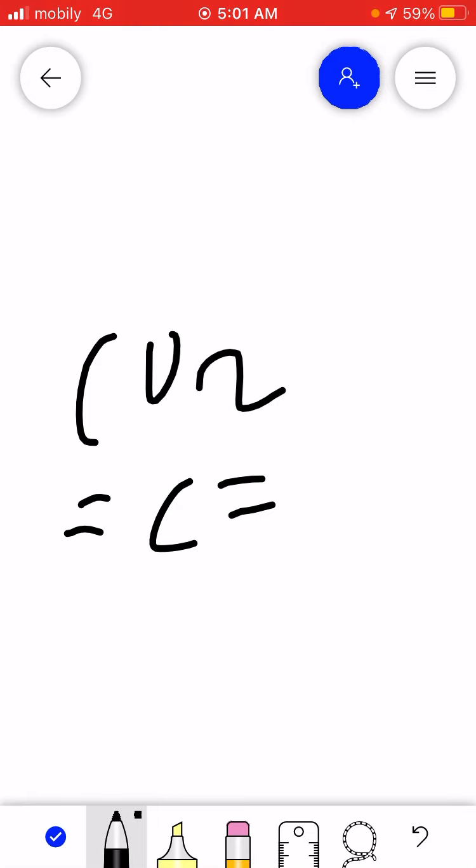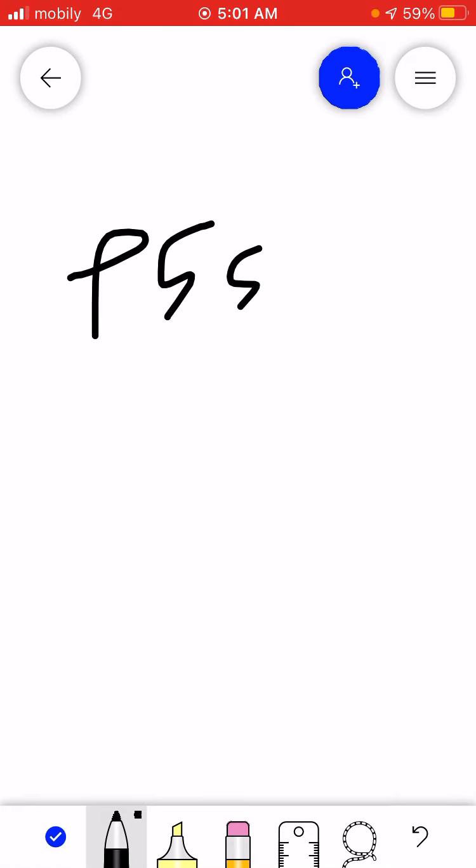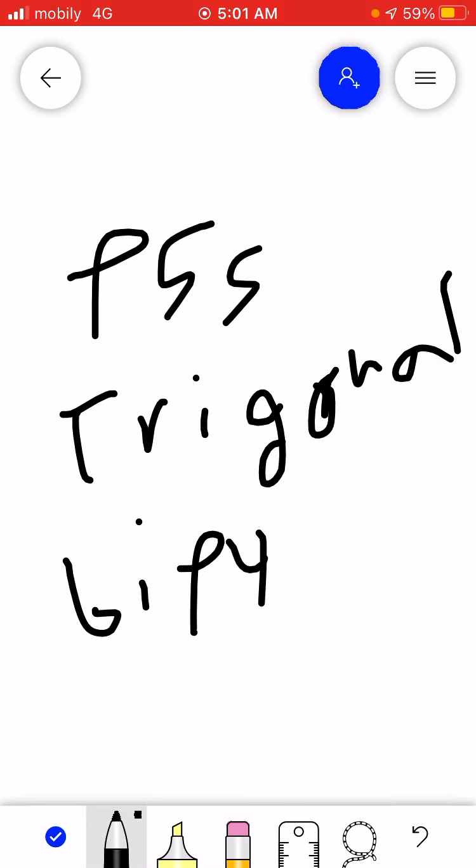What about trigonal bipyramidal, which is the 4th shape, such as PF5? Why do we say PF5?